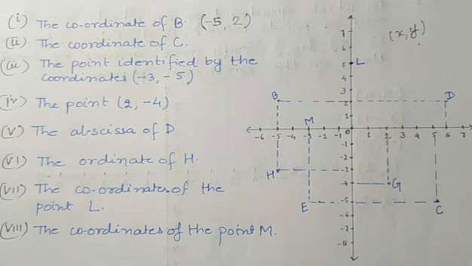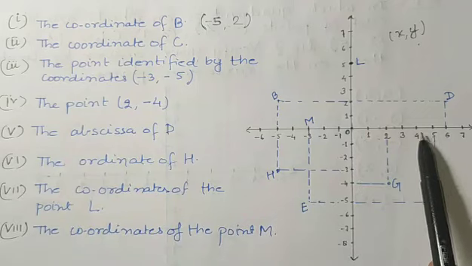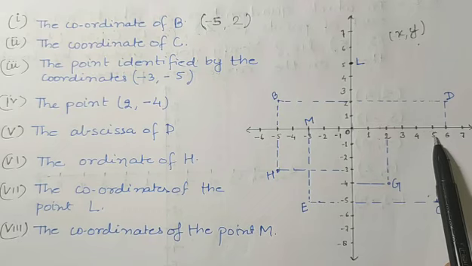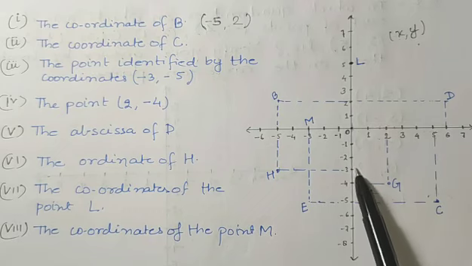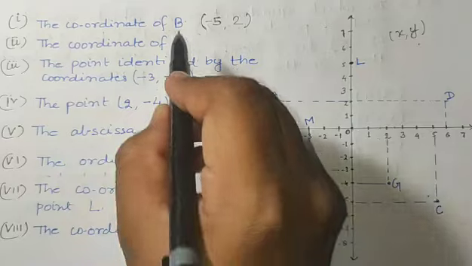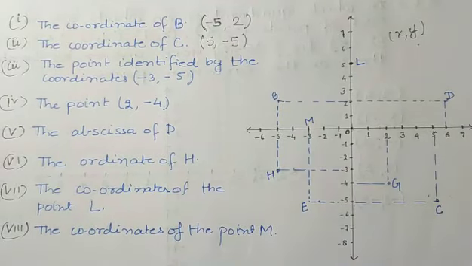Second part is, what is the coordinate of C? In the figure, C is here. Again firstly we see the distance towards the x-axis, which is 5, and the distance towards the y-axis is -5. So the coordinate of this point will be (5, -5).